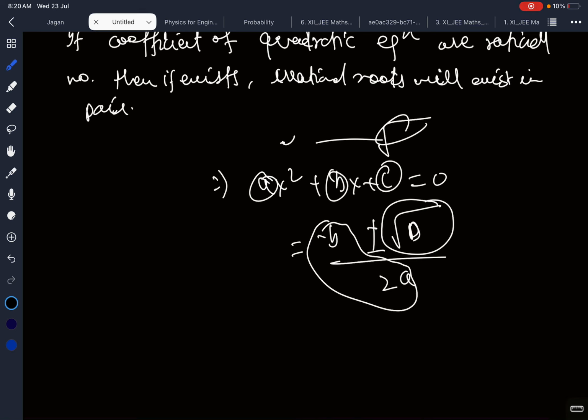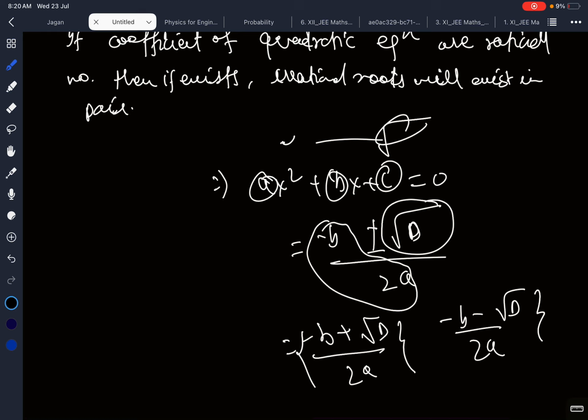So one root, I am saying, minus b plus root D by 2a, is irrational. Then of course minus b minus root D by 2a will be irrational again. The other root will be this only.